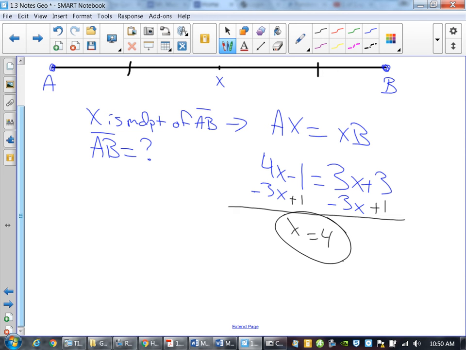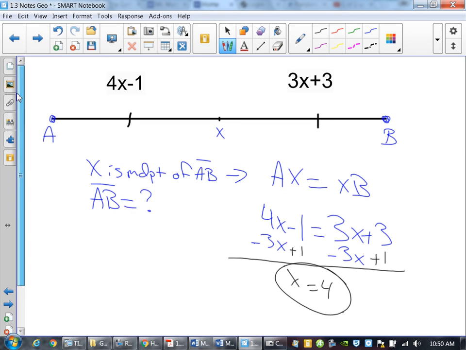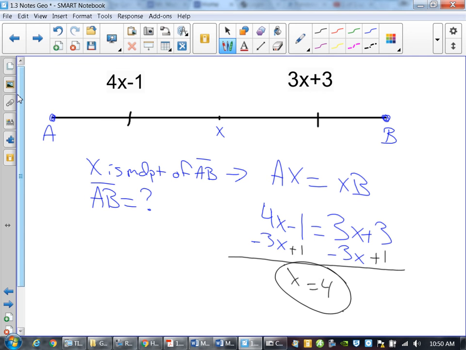Now, just like you saw last time, not always in geometry are you just solving for x. You sometimes have to go back to the problem and substitute back in to figure out what you're solving for. In this case, I asked you to solve for AB. So, what's 4 times 4?